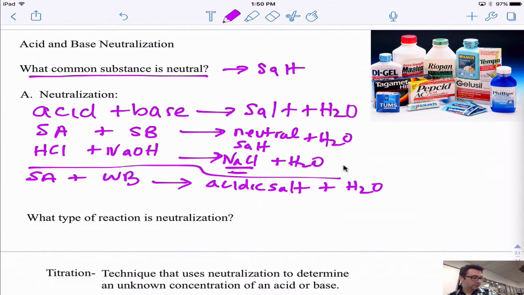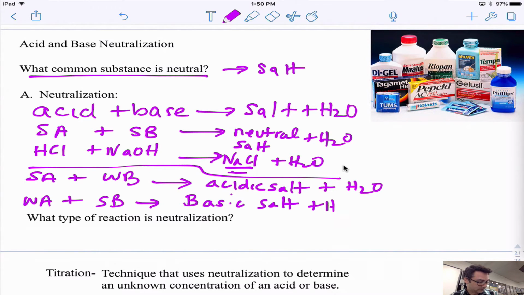You could also have a situation where you have a weak acid and a strong base. And in this case, you'll produce a salt that is slightly basic. So depending on the type of acid and base you use will determine what type of salt you actually produce.